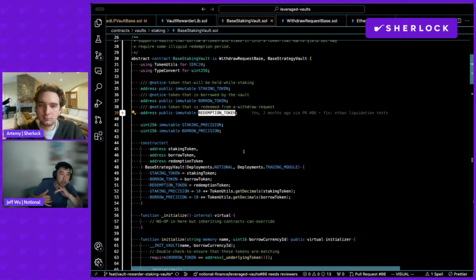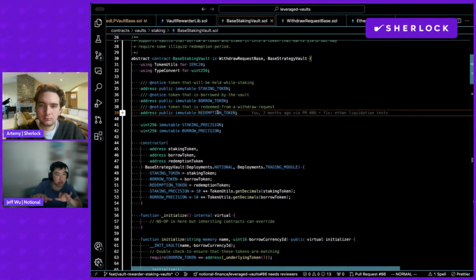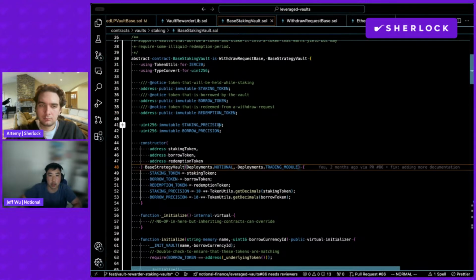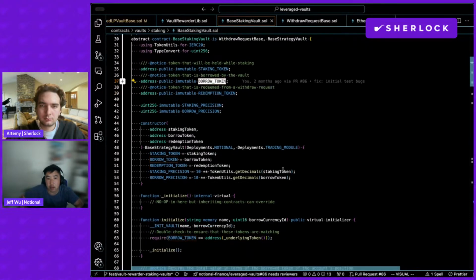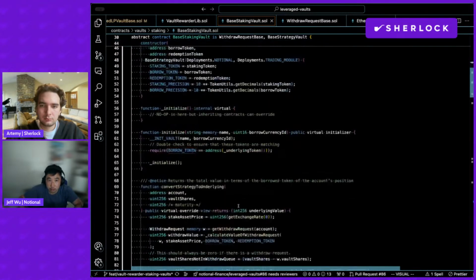So there are cases where the borrow token and the redemption token are not always the same, and so we do distinguish them here. Again, it's possible that we borrow a liquid staking token like wrapped staked ETH to go into a staking strategy, but coming out it's going to be ETH or something like that.